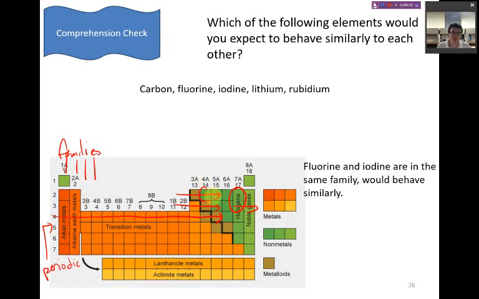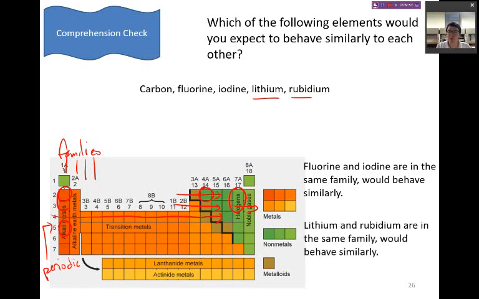Carbon is right here, and then lithium and rubidium are in the alkali metals here, and make sure I don't tell you a lie, here. So elements in the same families behave similarly. Fluorine and iodine are, and lithium and rubidium are, so they would have similar properties.